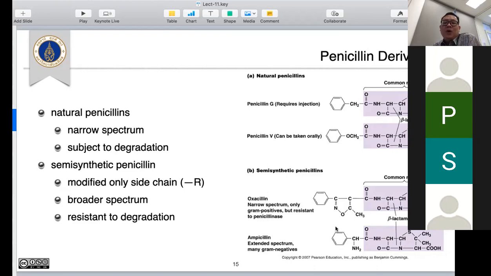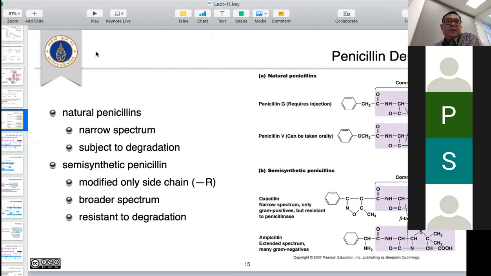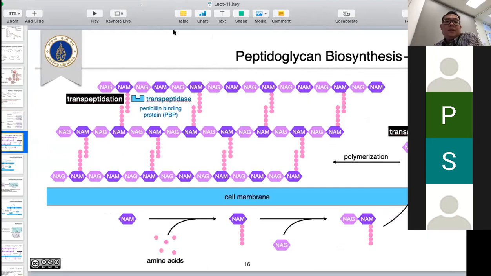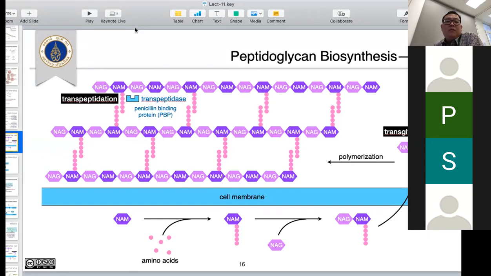So once you take the antibiotic, bacteria cannot digest the antibiotic so quickly. Okay, let's see the structure of.